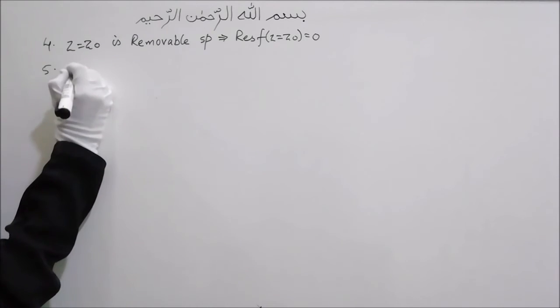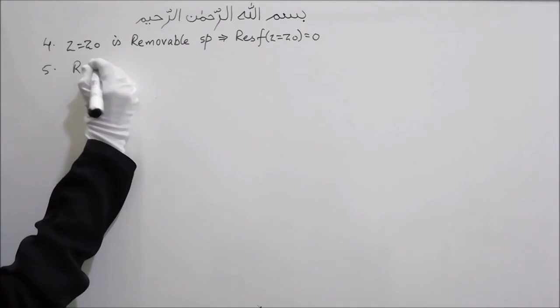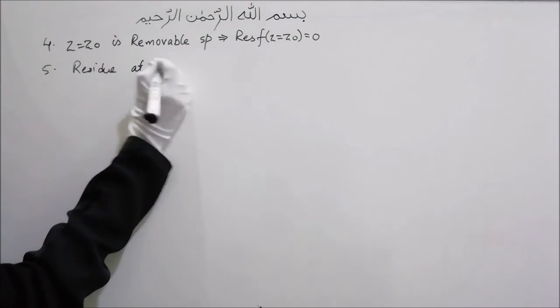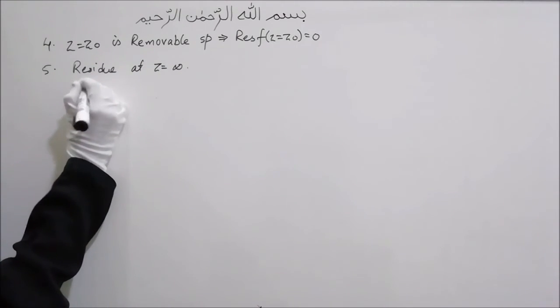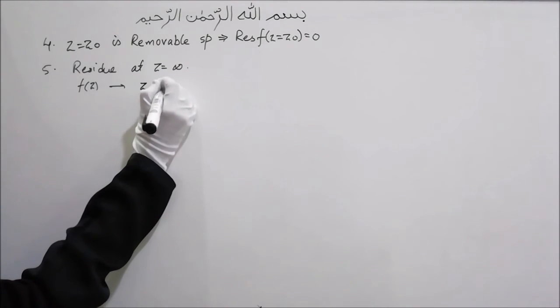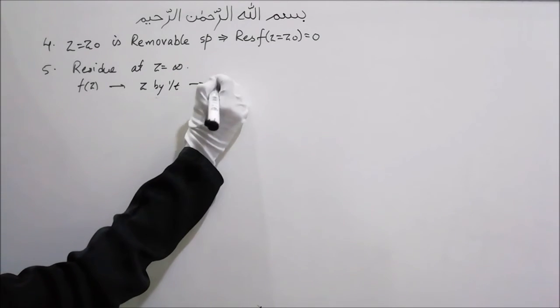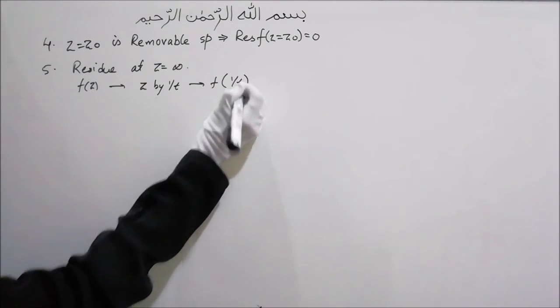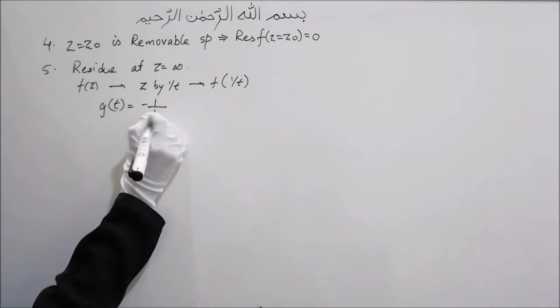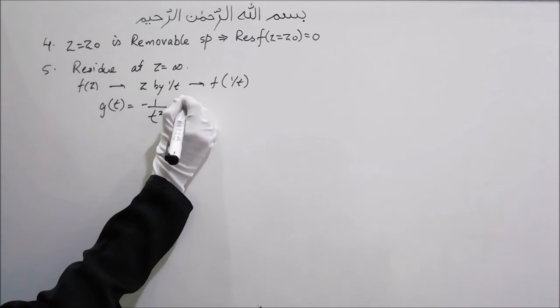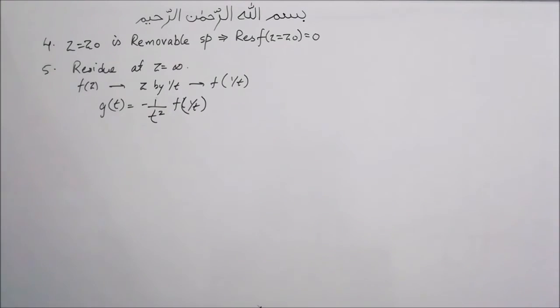Now how do you find the residue at z equals infinity? Given the function f of z, we will replace z by 1 by t and then we will get the function f of 1 by t. Now we will consider the function g of t, which is nothing but minus 1 by t squared f of 1 by t.